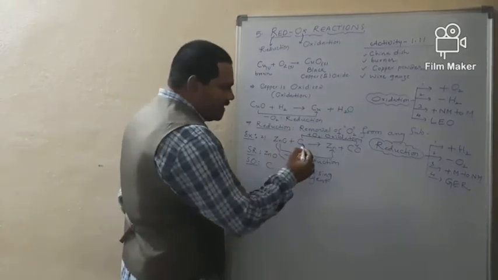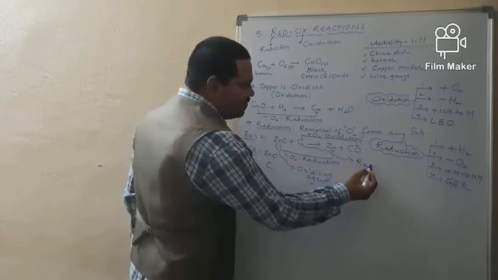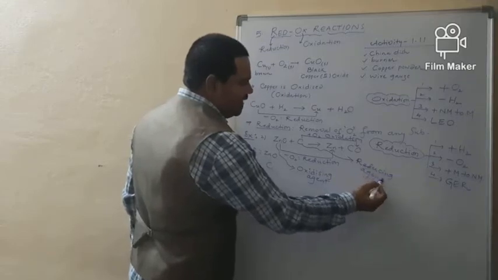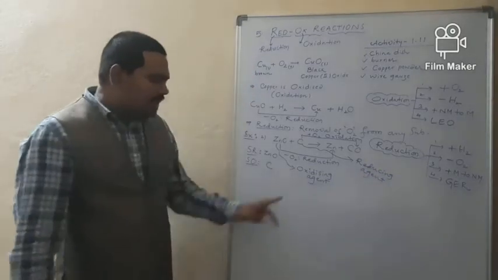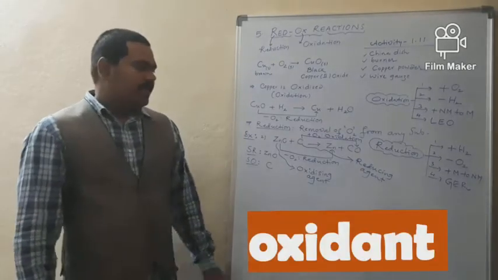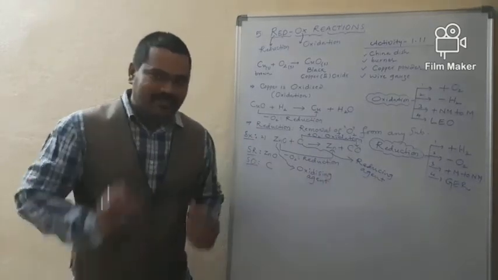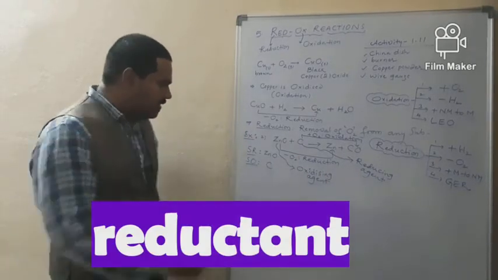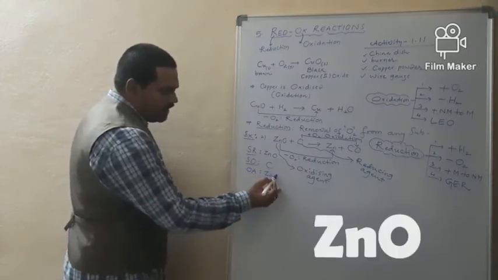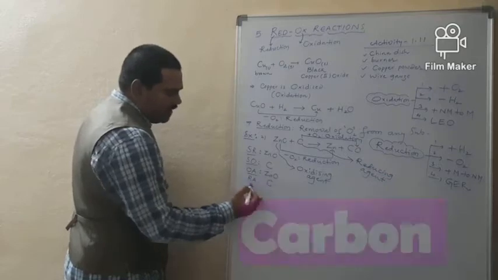Now what is the special name given to this carbon? Reducing agent. Oxidizing agent is also called oxidant, whereas reducing agent is also called reductant. So in this reaction, oxidizing agent is zinc oxide, reducing agent is carbon.